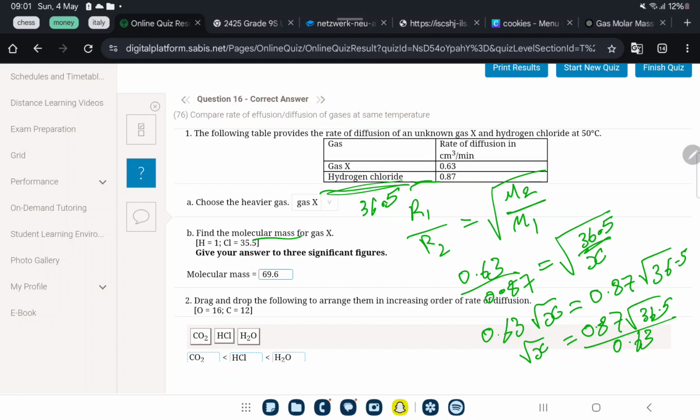You put it in your calculator and then square it. You get X equals 69.606 approximately, and you want 3 significant figures, so X equals 69.6.